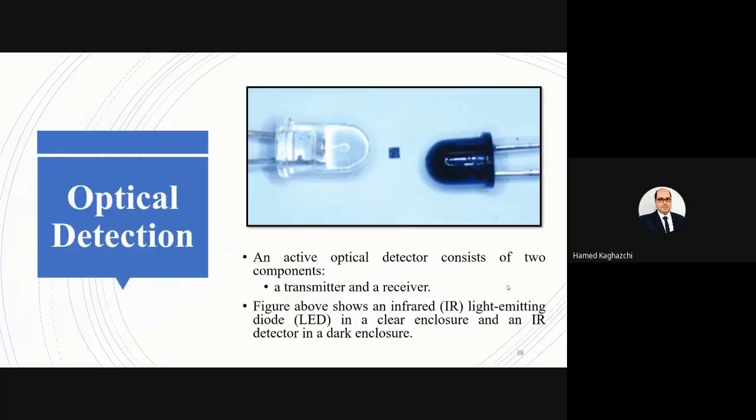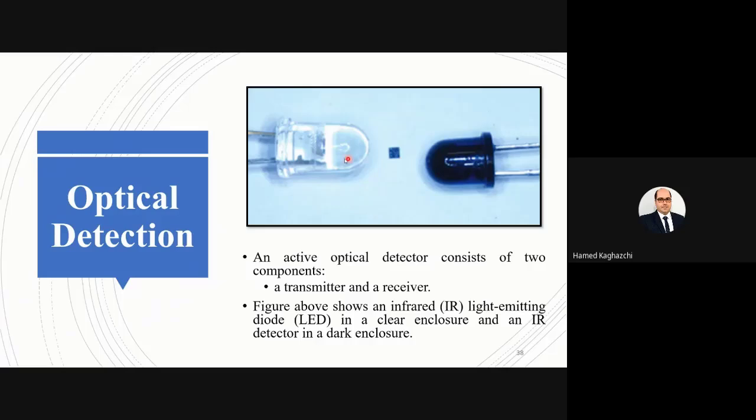Okay, using an active optical detector, we can determine the presence of an object. This sensor, as you see here, consists of two parts: a transmitter and the receiver. How does it work? Look at this figure.